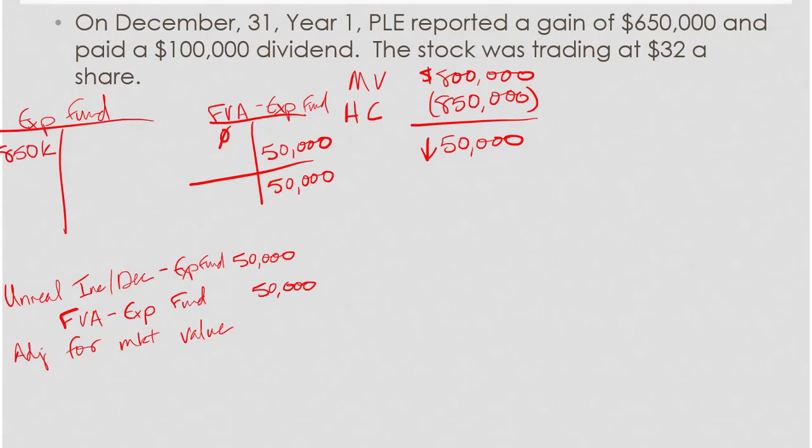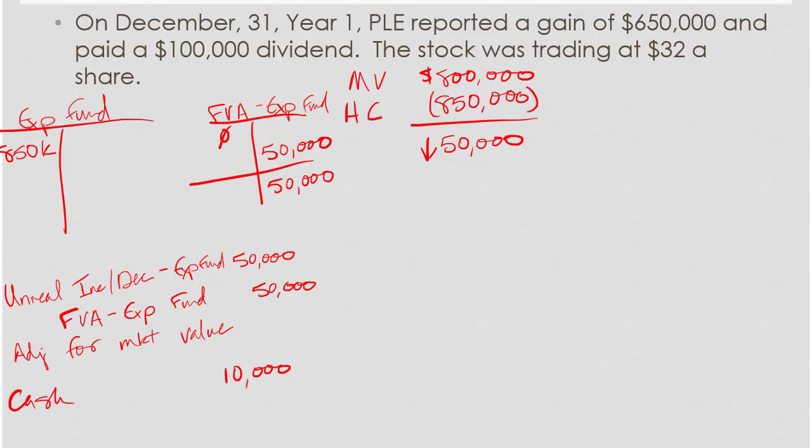The other thing I need to account for is the dividend that they paid, $100,000. I own 10% of the company, so 10% of that dividend is mine. So we take 100,000 times 10%. That means that I'm getting cash of $10,000. But I don't know if I can put all of that in dividend revenue yet, because in order to know what goes into dividend revenue, I have to make sure that my cumulative excess of net income over dividends isn't negative.